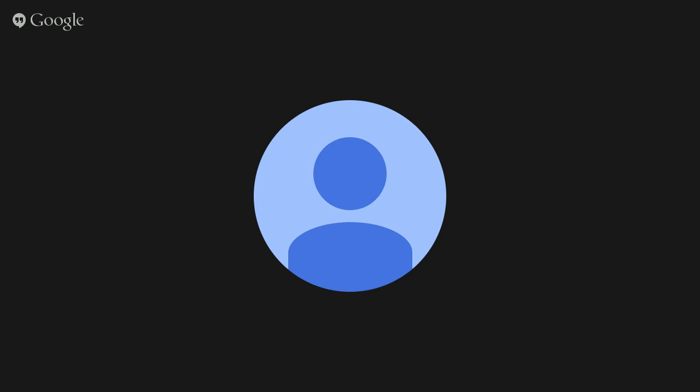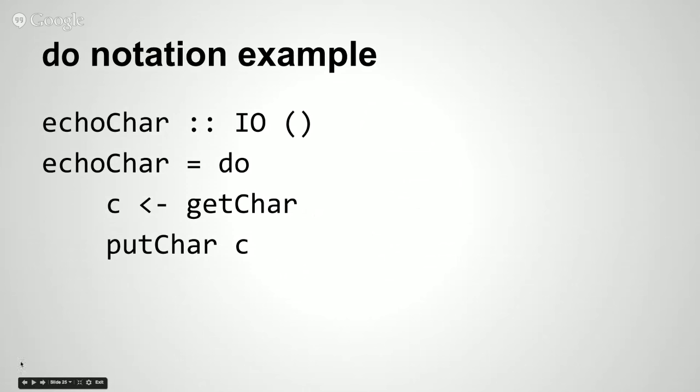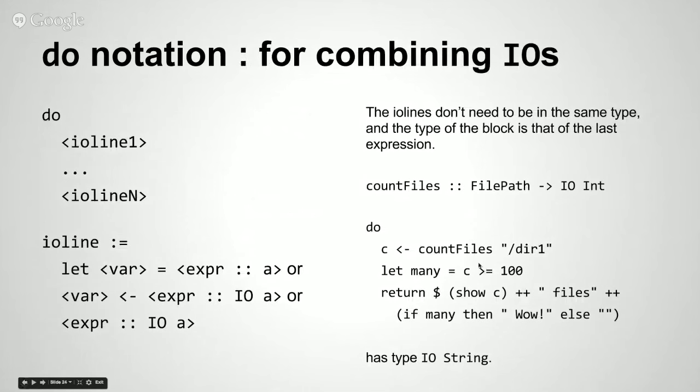it does an IO of it's an IO that returns how many files are in that directory. What I intend to show is that these IO lines don't have to have the same type. So we're doing countFiles, that's IO Int.